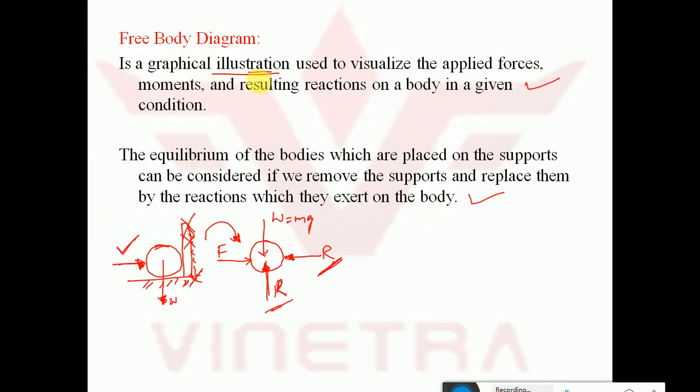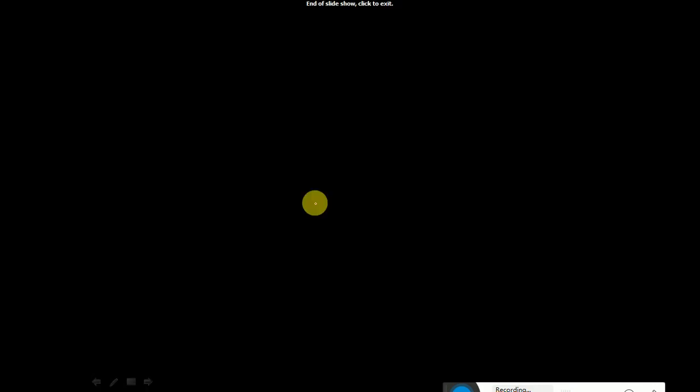A free body diagram is a graphical representation of applied forces, moments, and resulting reactions on a body in a given condition. Or, the equilibrium of bodies placed on a support can be considered if we remove the supports and replace them by support reactions, which is called a free body diagram. So in both manners you can define the free body diagram.